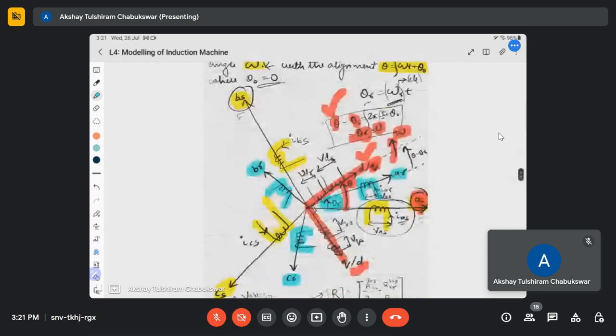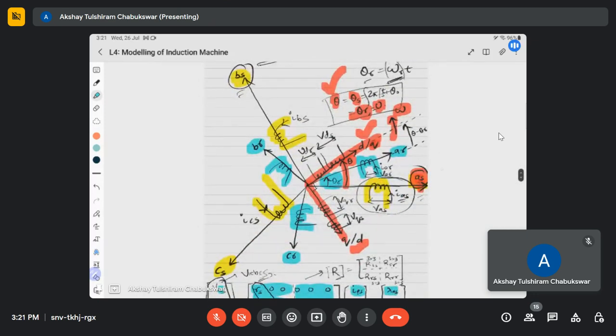But if you want to transform ABC stator quantities to DQ, then you should use a matrix called CDQ0S. Similarly, if you want to transform any rotor quantity to the same DQ reference frame, then you should use a different matrix, CDQ0R. Why? Because the ABC axes of the stator and the ABC axes of the rotor are not the same in this case.